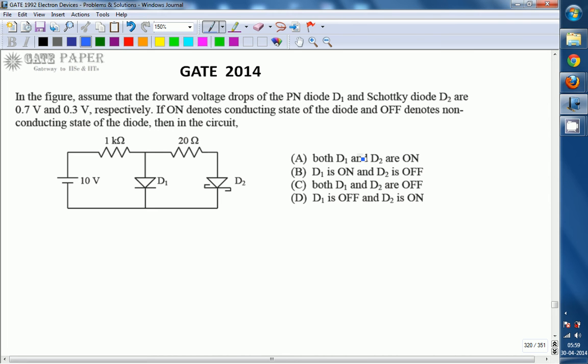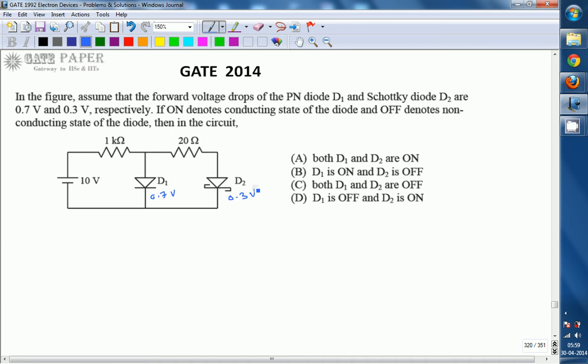Okay. So what was given is D1, whose cut-in voltage is 0.7 volts, and D2 is a Schottky diode, whose cut-in voltage is 0.3 volts. The cut-in voltage is the minimum amount of voltage required in forward bias such that current flows in the diode.